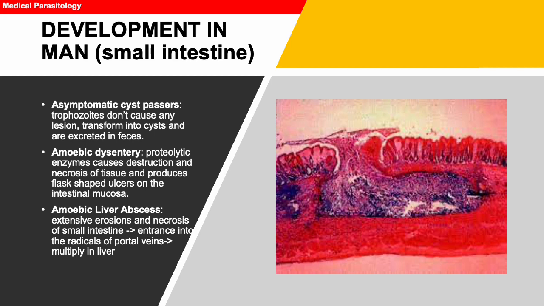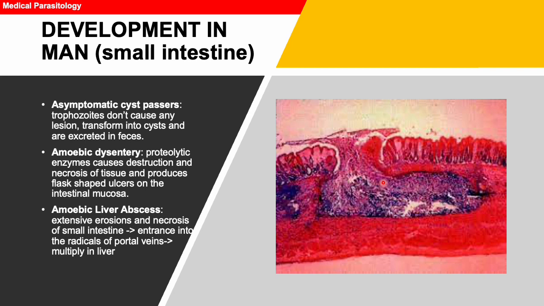That is the usual shape or configuration of the ulcer caused by Entamoeba histolytica. As you can see here in the illustration in the right, you see that the neck of the ulcer is narrow and you have a broad base. So this is the very typical appearance of the Entamoeba histolytica ulceration.